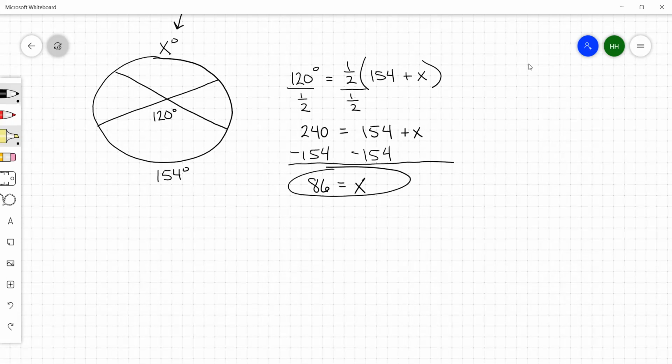So this arc up here would be 86 degrees. Any questions on that? Very good, very good.